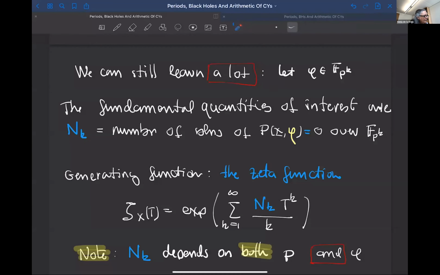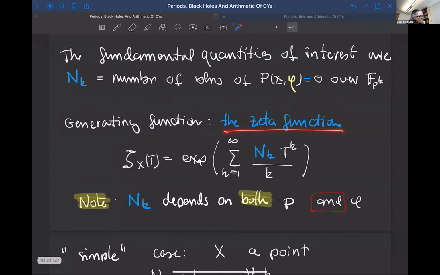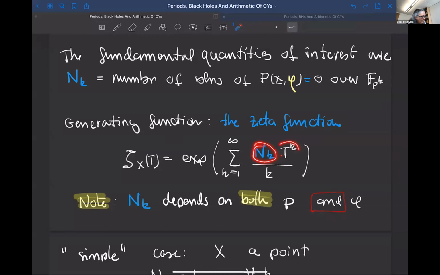So the fundamental quantities of interest for a number theorist are these numbers n sub k, which is the number of solutions of the polynomial over the finite field. For these quantities, there is a generating function, which is the zeta function. This is the definition: an exponential that contains these numbers, where t is a formal variable, t to the k over k.